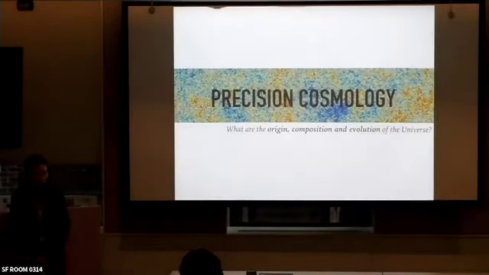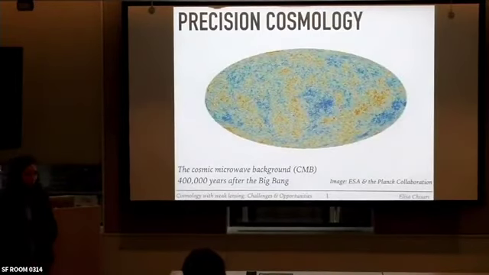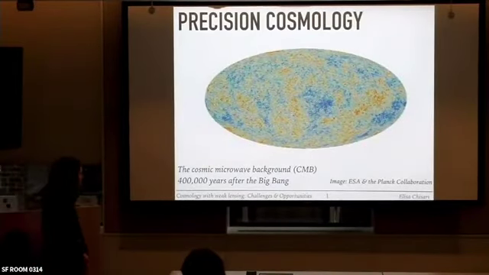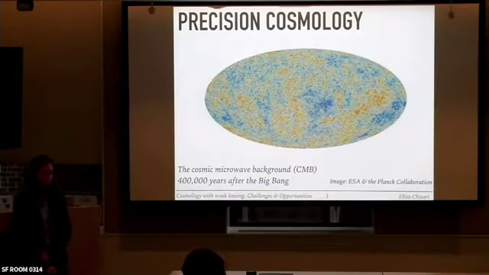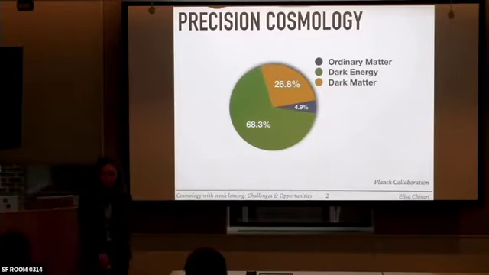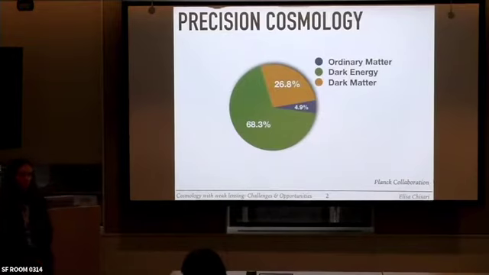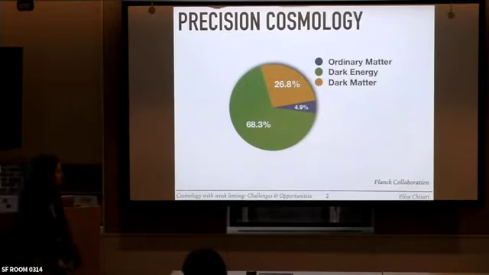Okay, so when we think about precision cosmology, we think about the cosmic microwave background. That's justifiably so, because the cosmic microwave background has given us a very precise picture of the composition of the universe. And so we know that 5% of the universe are things that we can see and we can touch, but the rest, the 95% that is missing, is in the form of dark components that are dark matter and dark energy.